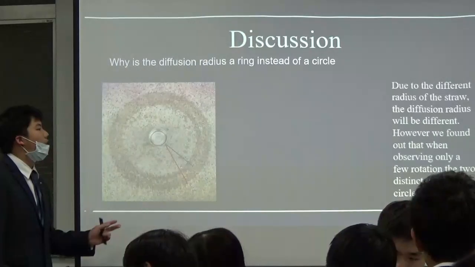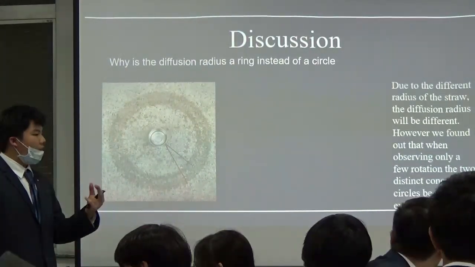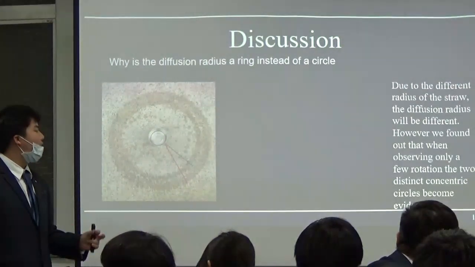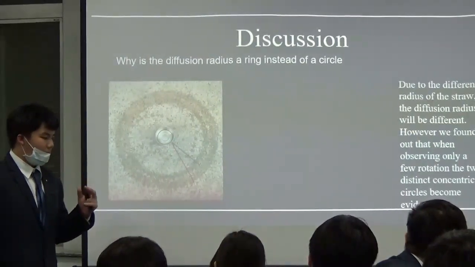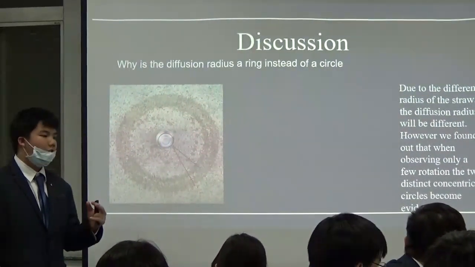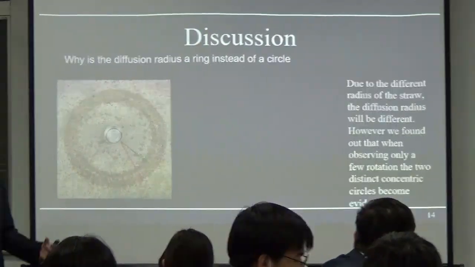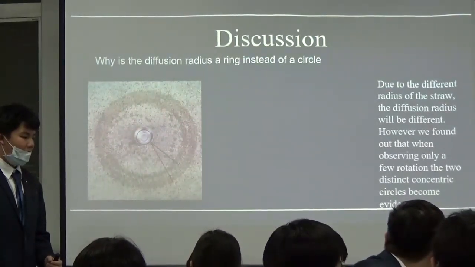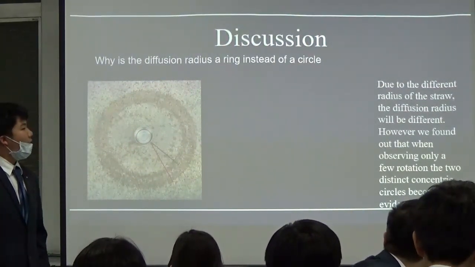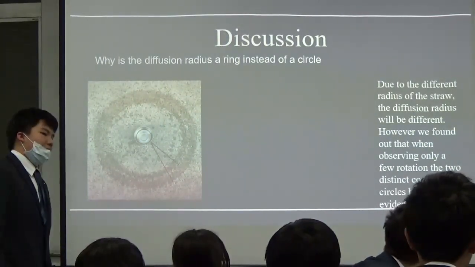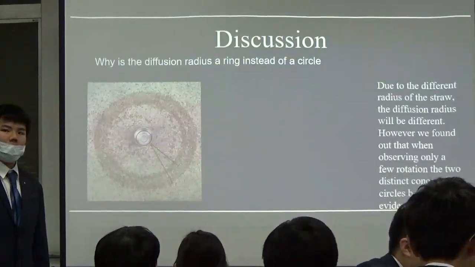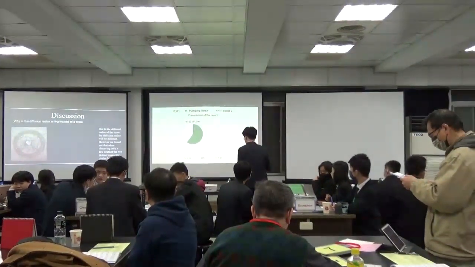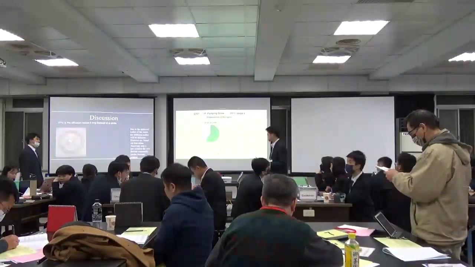So from that we can conclude that if the radii of the two flows are the same, then the range of the diffusion radius will be smaller and similar to a circle. And that is my presentation. Let's move to the next page, the opponent.